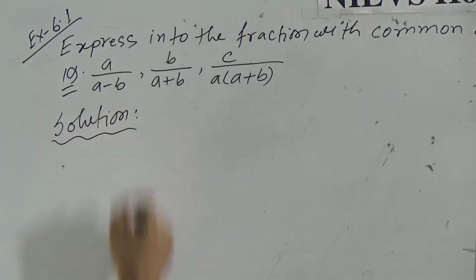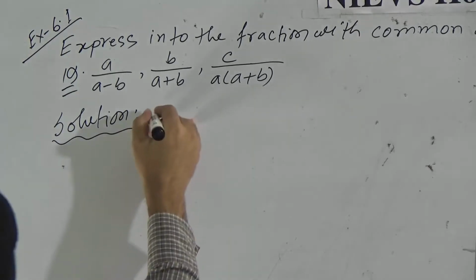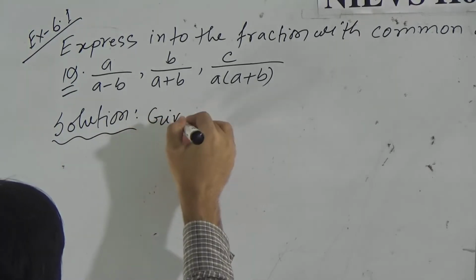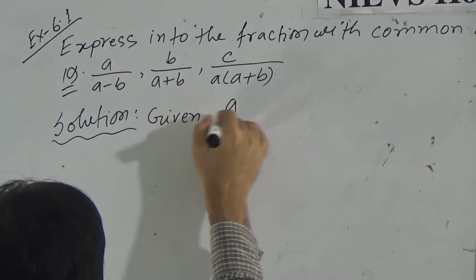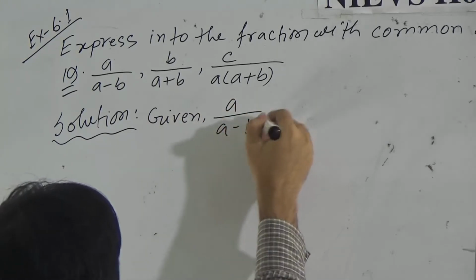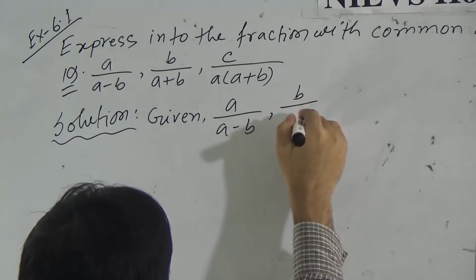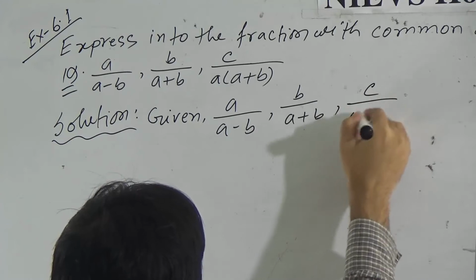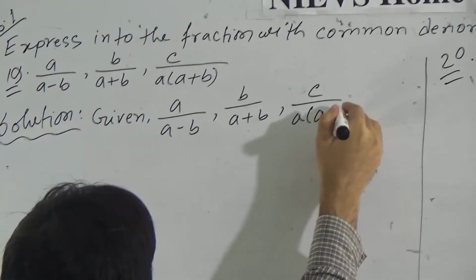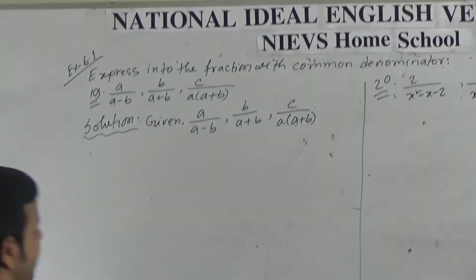This is our first question. Three fractions are given here, so we can write the given fractions here. At first, a by a minus b, b by a plus b, and the last one is c by a into a plus b. These three fractions are given.